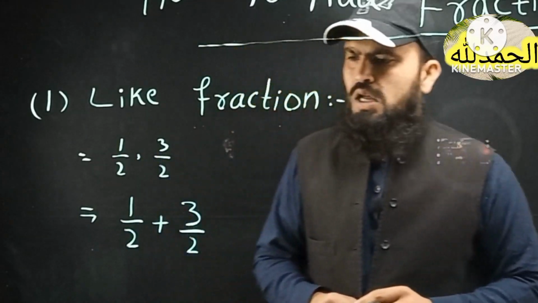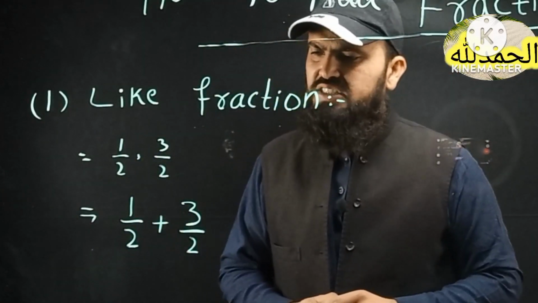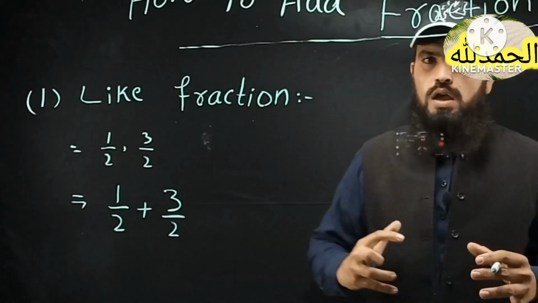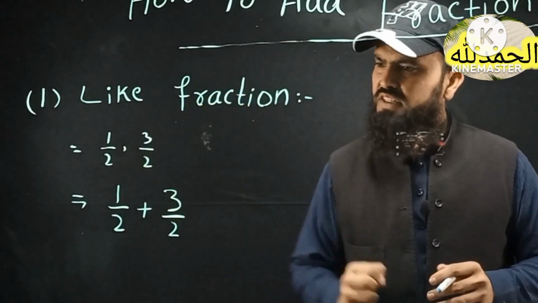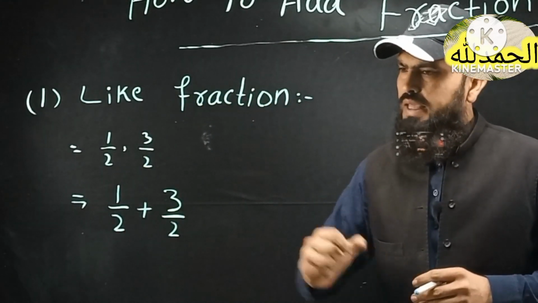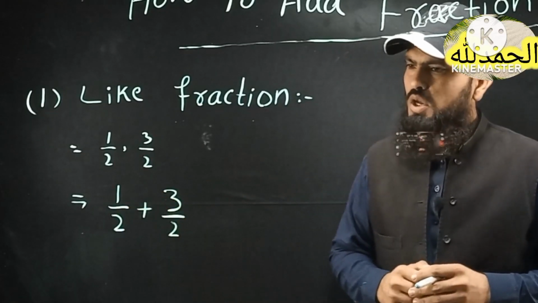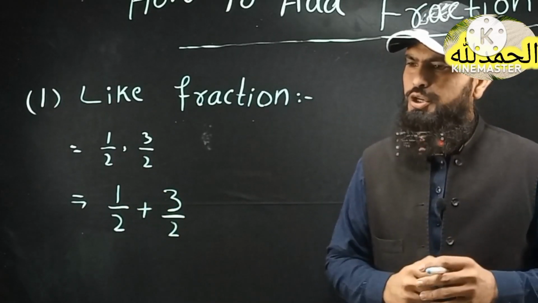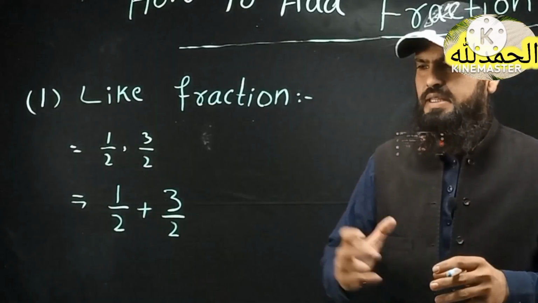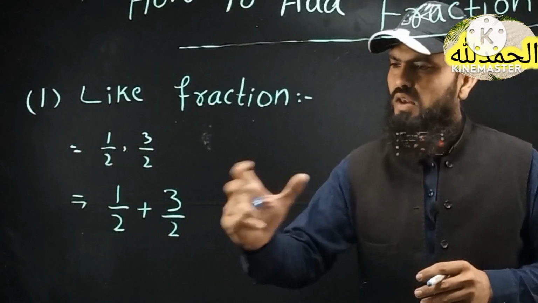Friends, addition of like fractions is very simple. The advantage of like fractions is that the LCM is given. We have no need to find the LCM of like fractions.